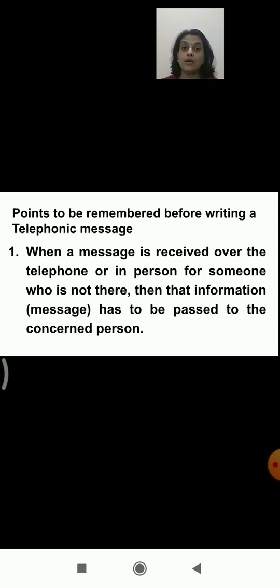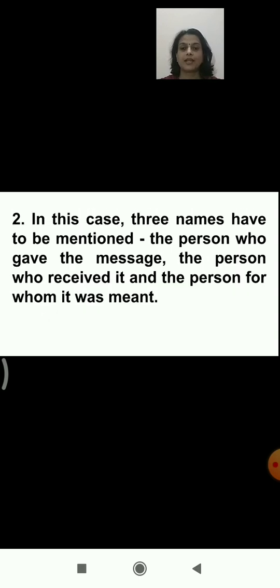Now let's see what is the other point. Now in this case, 3 names have to be mentioned. Now you have got a call. So a conversation took place between 2 people, right? Yourself and the person who has called. So here the person who gave a message to you, and the person who received it, that means you, and the person for whom it was meant.